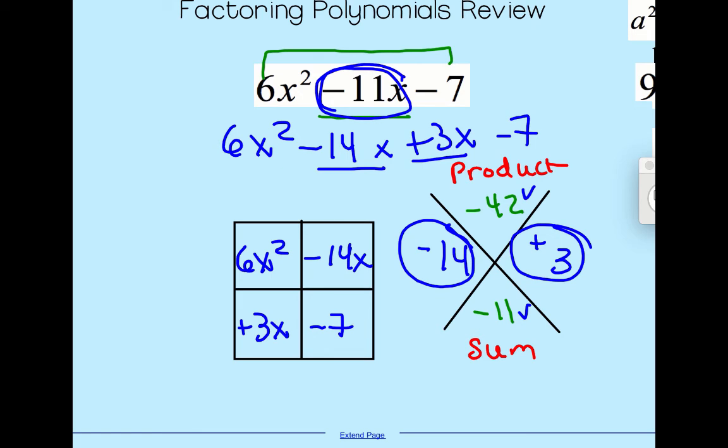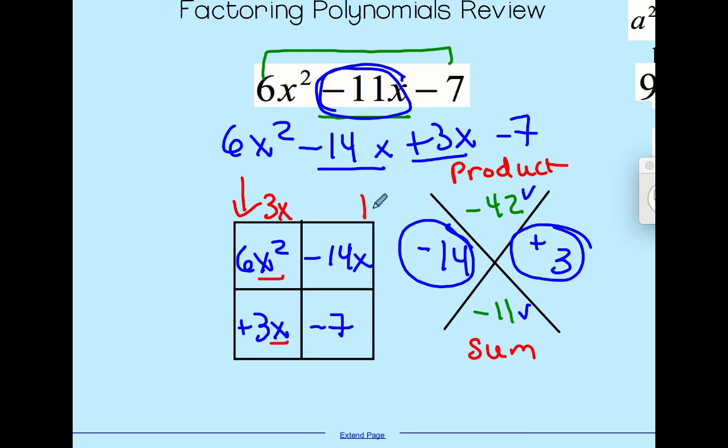So when I'm looking at the box, I'm doing the opposite of what we did with multiplying polynomials. I'm dividing out common factors now. So when I'm looking at this column right here, what divides 6 and 3? 3. But I see I have x squared and x, and the greatest common factor would be x.